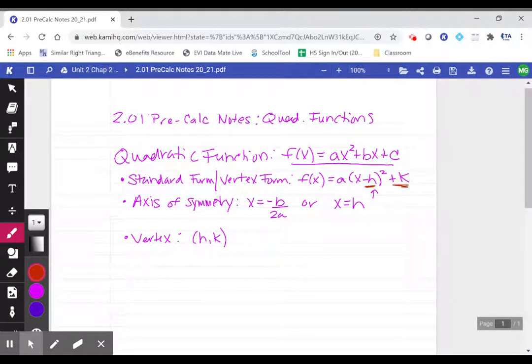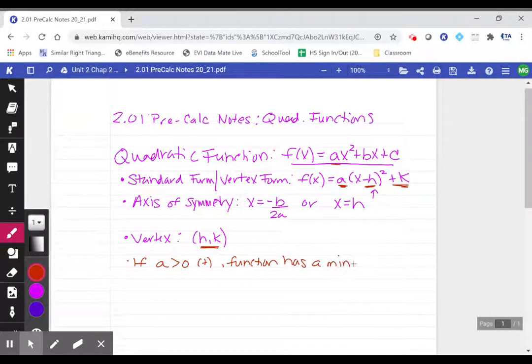So if we start with y equals x squared, our parent function, and we shift it right h and up k, then our new vertex will be (h, k). If a, your lead coefficient, which is the same a here, is greater than 0, meaning it's positive, the function has a minimum.